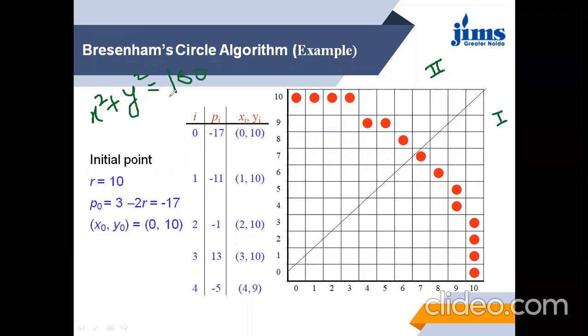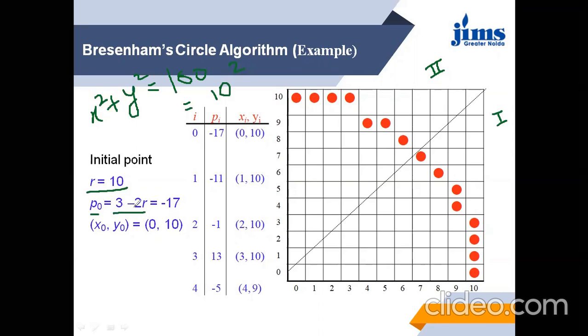There is a question like this in the exam. This is in the form of x square plus y square equals to r square. So when this is r square, this is 10 square, so r is equals to 10. We find the value of P0 by putting the value of r in this.